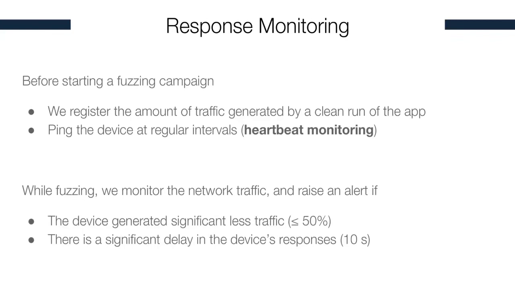Once we record these numbers, while fuzzing, we monitor the network traffic, and we also measure the delay in device response to ping messages. We raise an alert if the device generated significantly less traffic, or if there is a significant delay in device response to ping messages. In either of these cases, we consider that the device has experienced an alert, mostly a device crash.